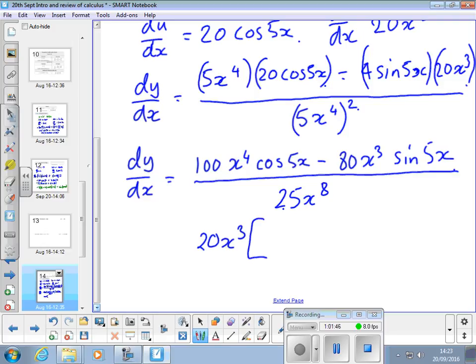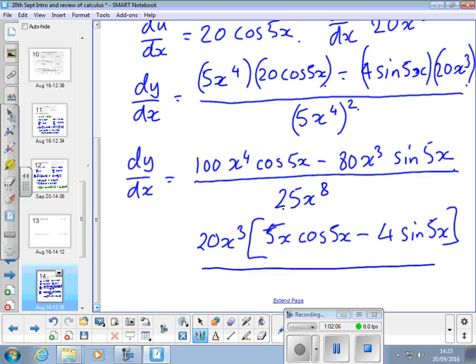What have we got to put in the brackets? 5x minus 4 sine 5x all over 25x to the 8. Yeah?